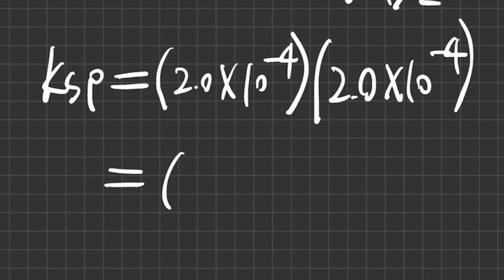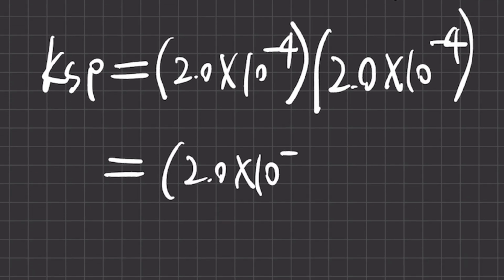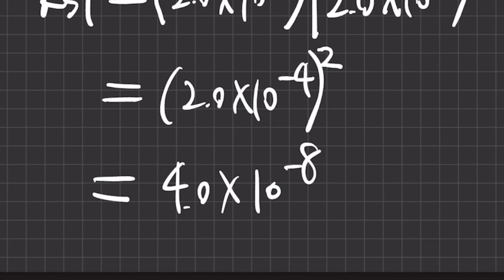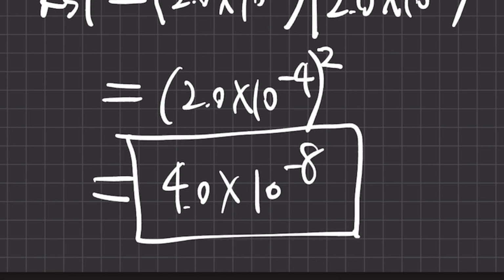The shortened version is 2.0 times 10 to the -4 squared. This will be the value of KSP, which will be 4.0 times 10 to the power of -8. There is no unit for KSP.